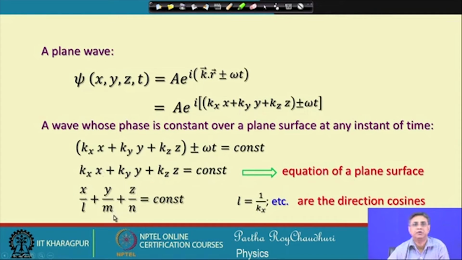If you write in the form of the direction cosines, then x by l, y by m and z by n equal to constant, where this l, m and n are represented by 1 by k x, 1 by k y and so on. So, these are the direction cosines.